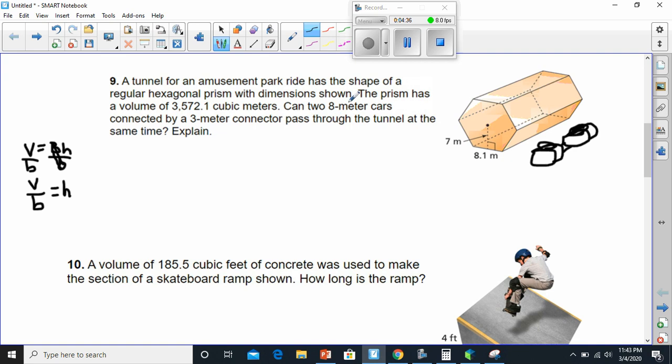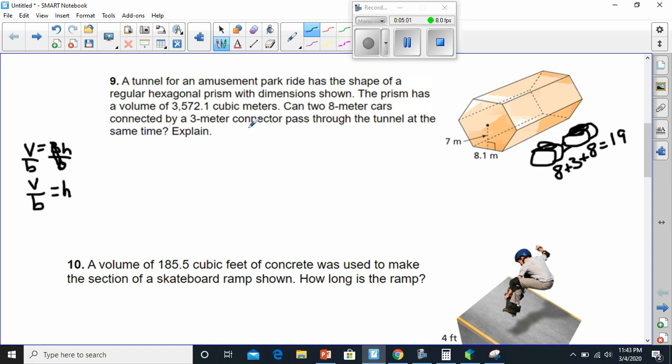We know these 2 cars right here are 8 meters, and they're connected by a 3-meter connector. So 8 plus 3 plus 8, well, 8 and 8 is 16, 17, 18, 19. That means I need it to be longer than 19 meters in order for both cars and the connector to fit.